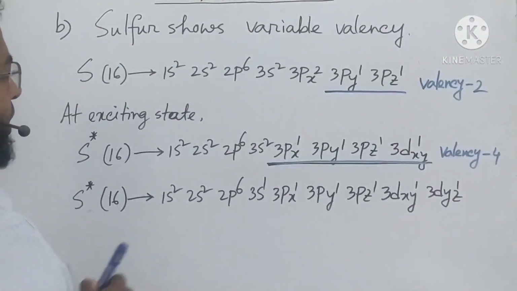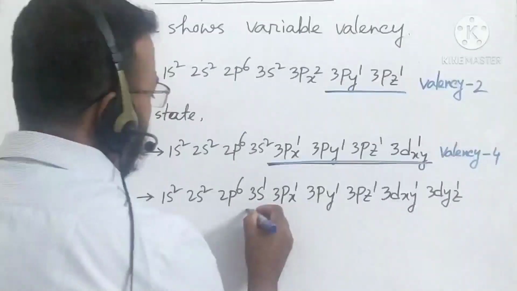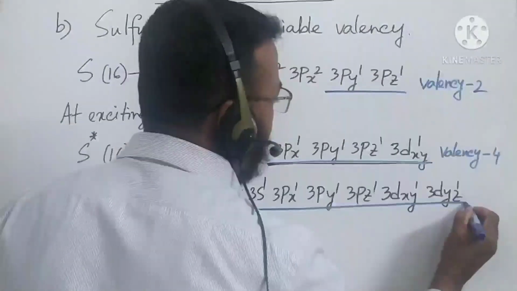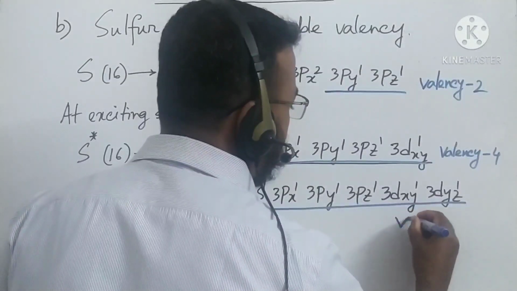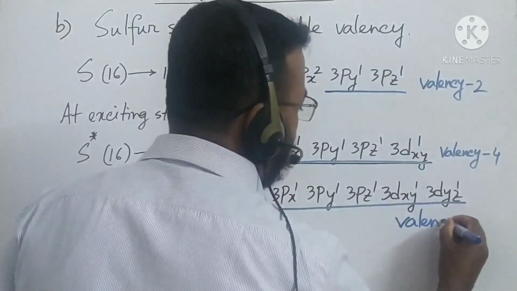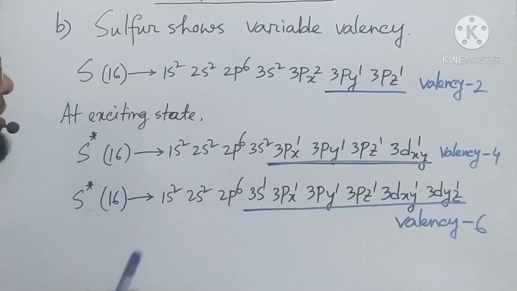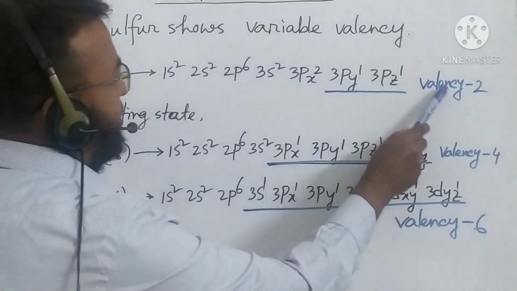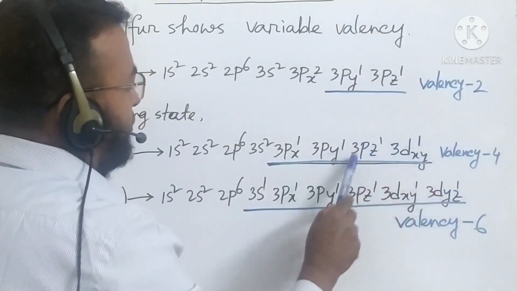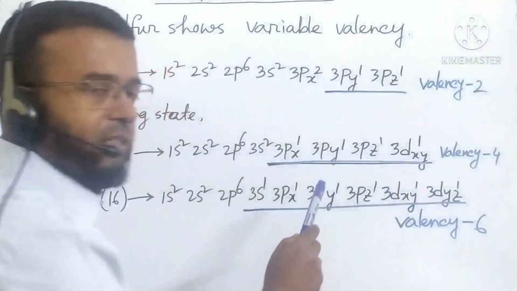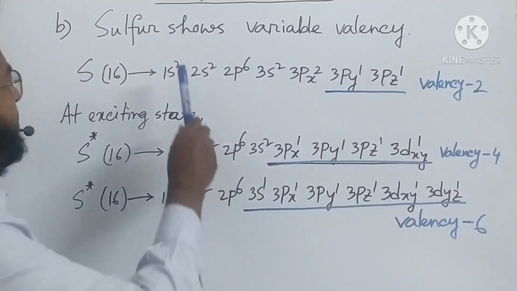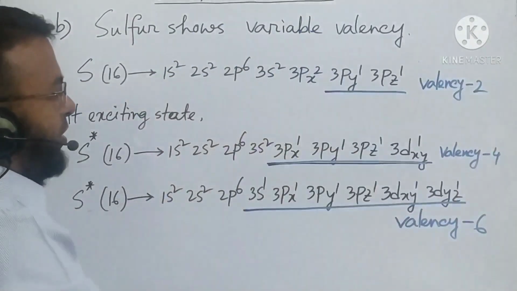Now in this case sulfur contains 6 unpaired electrons. For this reason valency is 6. So we have seen that sulfur shows valency 2, valency 4, valency 6. So for this reason sulfur shows variable valency.